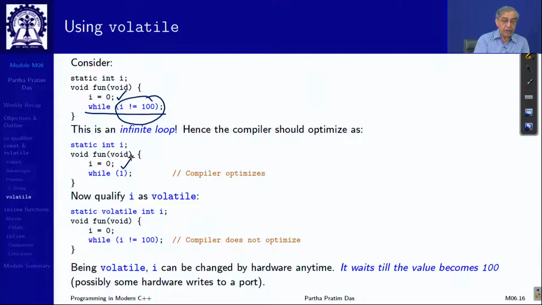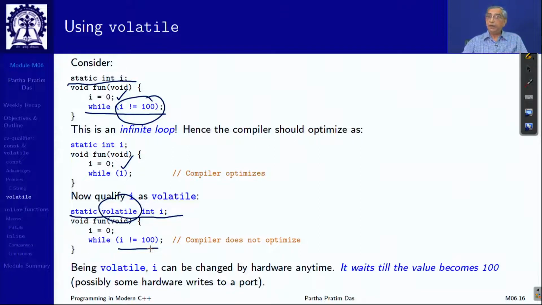Now, suppose you change that, instead of static int I, you just make it static volatile int I. So, you are saying that I can change by itself. Now, the compiler will not be able to optimize, because it does not know if somebody at some point of time can change the value of I and make it 100.